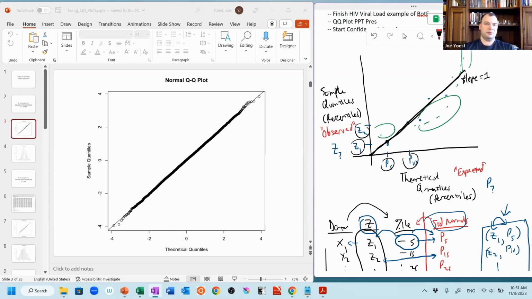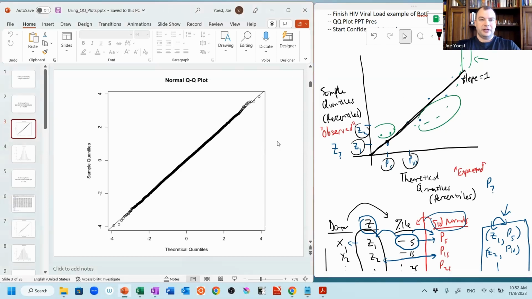The things that would give me pause for calling this a normal distribution would be if I have substantial deviations from that 45-degree line, or if the deviations occur in a pattern, where I have a bunch of deviations in a row above the 45-degree line, and then a bunch below, and then a bunch above, right? Where there's a clear pattern. It's not randomly assorted between being above versus below. So that's the idea of a QQ plot.